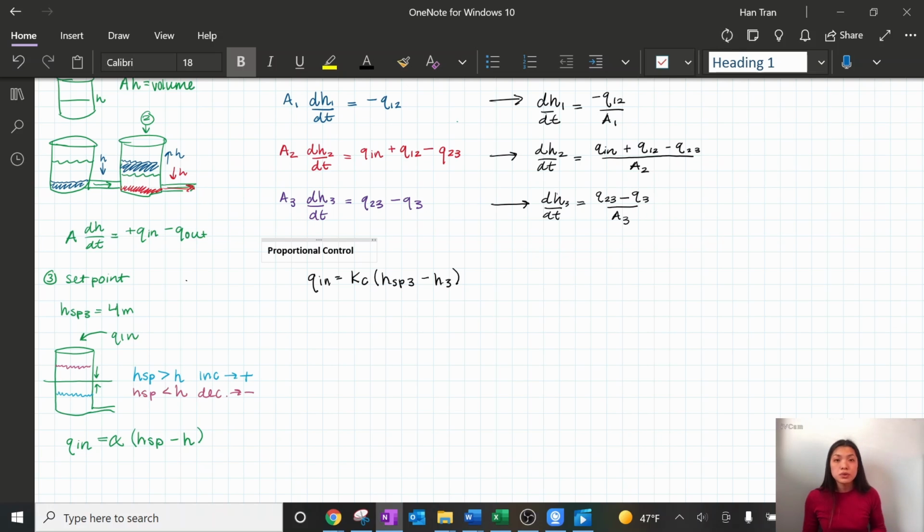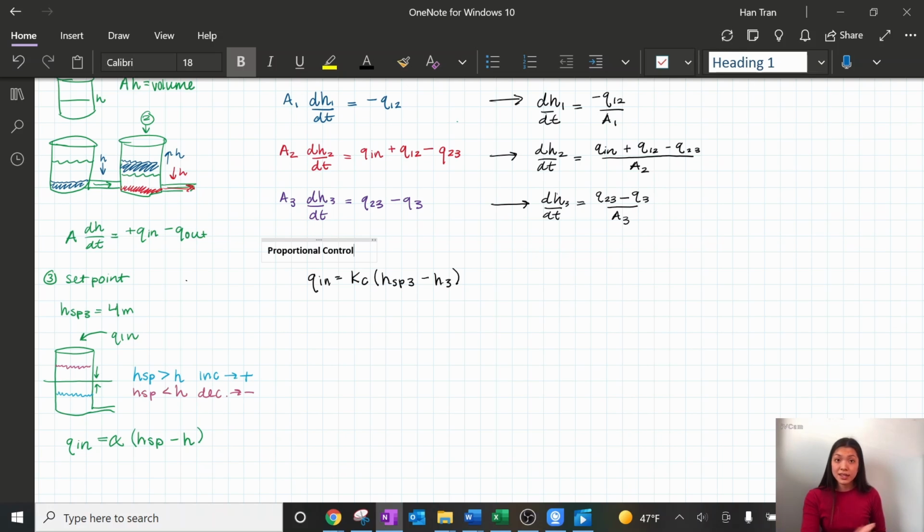And so what a proportional control does is it looks at the proportion between the set point and the actual height, or so the desired height and the actual height, or the set point and the actual fluid height. And it looks at which one is greater, which one is less. It looks at the proportion, and based on that, it determines whether the flow in needs to be greater or less.